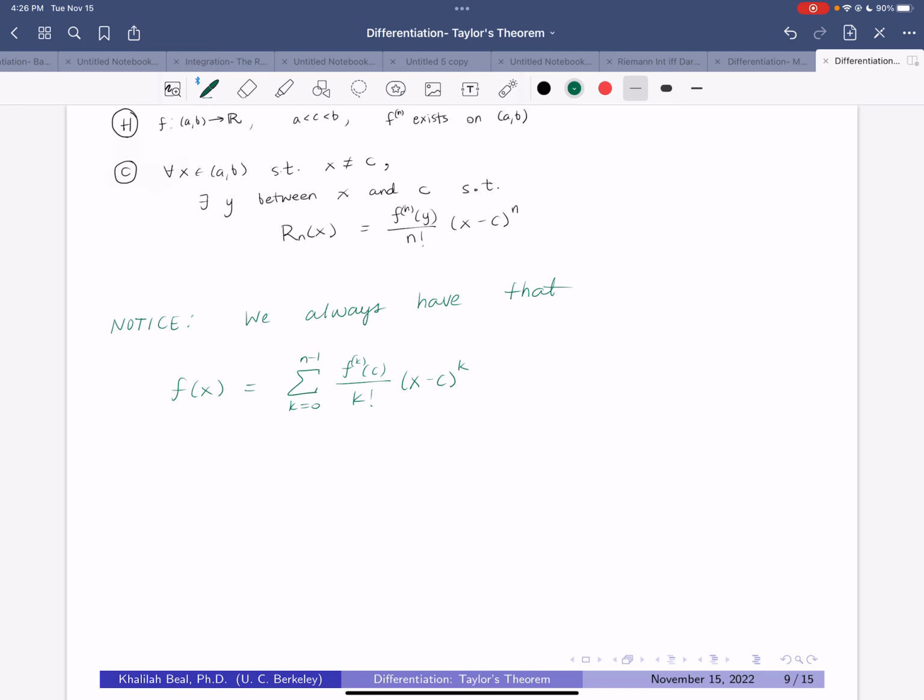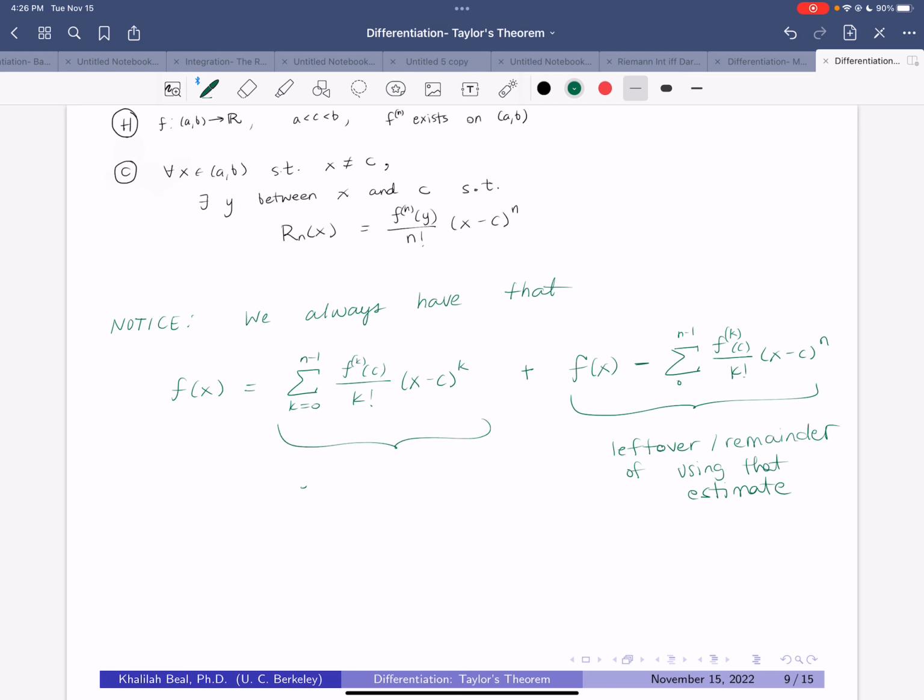So that's my estimate plus the remainder, which would be f of x minus this. So this is the estimate. This is the remainder that I get when I try to estimate f by that n minus first partial sum. Right, so this is my leftover, or remainder, of using that estimate.